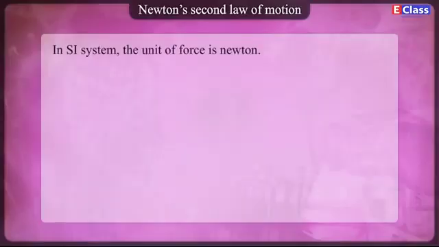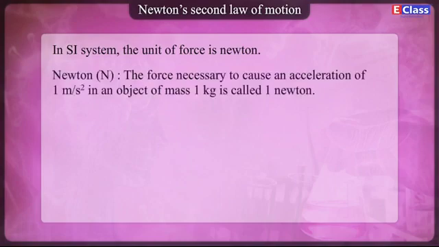In SI system, the unit of force is Newton. Newton, N: the force necessary to cause an acceleration of 1 meter per second square in an object of mass 1 kilogram is called 1 Newton. 1 Newton is equal to 1 kilogram multiplied by 1 meter per second square.